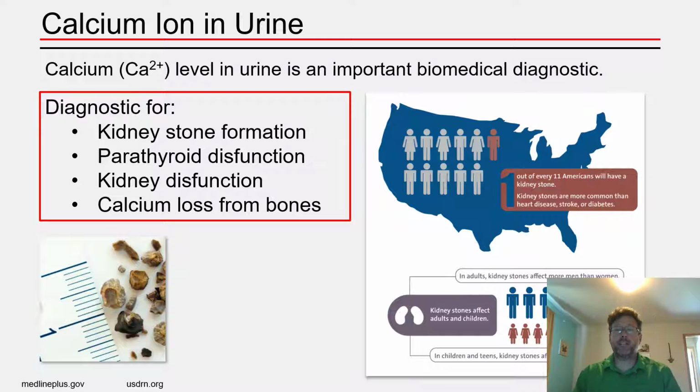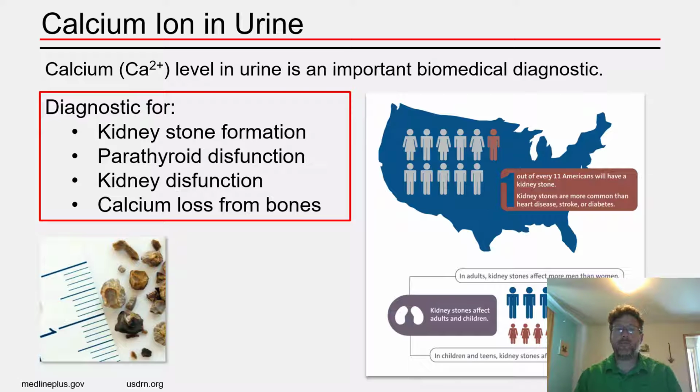There are a number of environmental and genetic components to the development of kidney stones. But in general, the number of Americans suffering from kidney stones is on the rise. And this turns out to be something that's very important to diagnose quickly and treat quickly. Diets that are particularly high in calcium or high in oxalate put you at slightly higher risk for kidney stone formation.